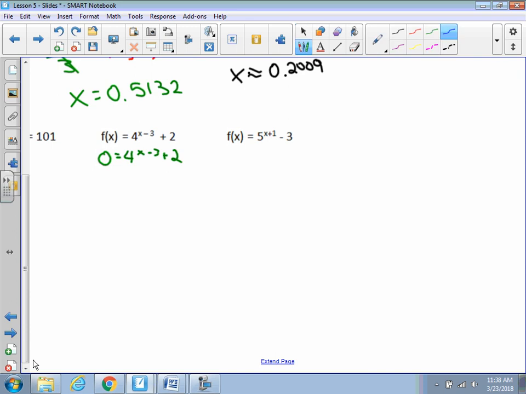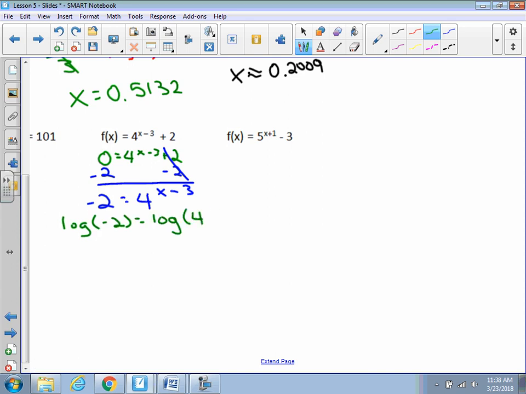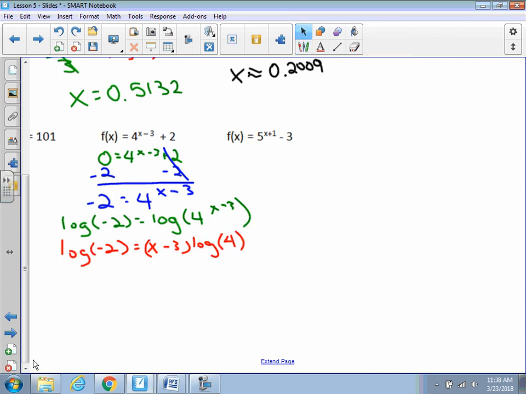So the log of negative 2 equals the log of 4 to the x minus 3. Use my power rule here. So the log of negative 2 equals x minus 3 times the log of 4. Now we're going to divide both sides by the log of 4. And when you plug in the log of negative 2 divided by the log of 4, you're going to get an error because you can't take a log of a negative number. So there's an error. So for this one, there is no solution.